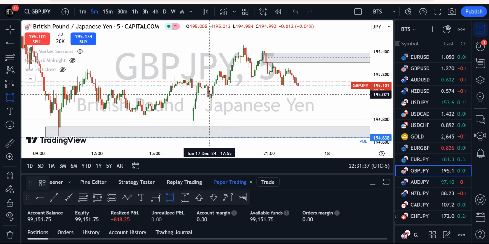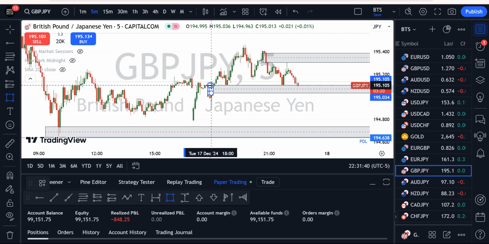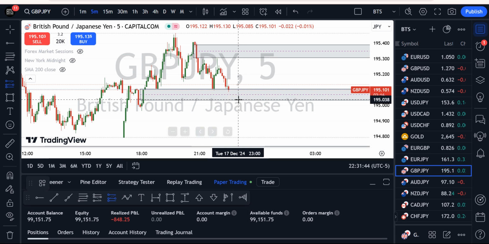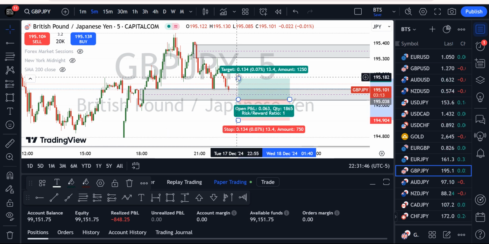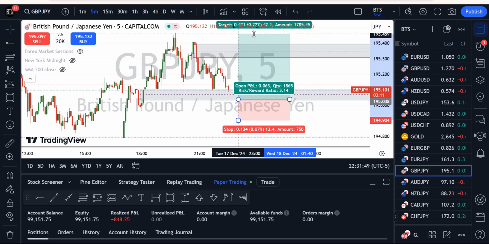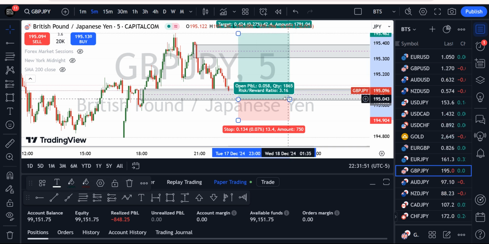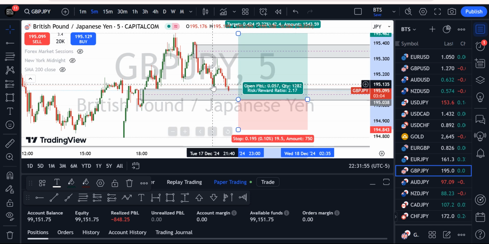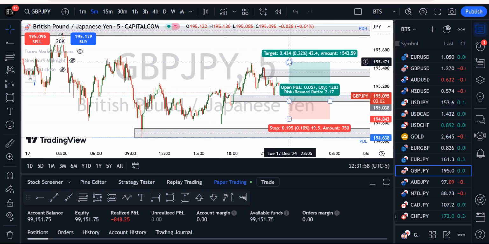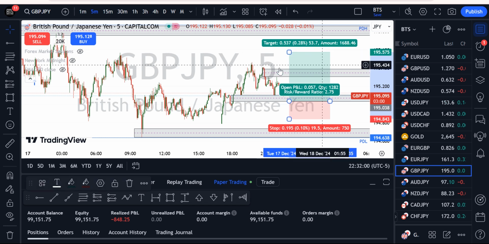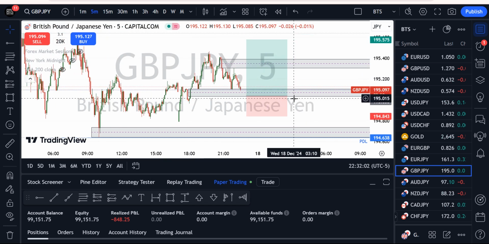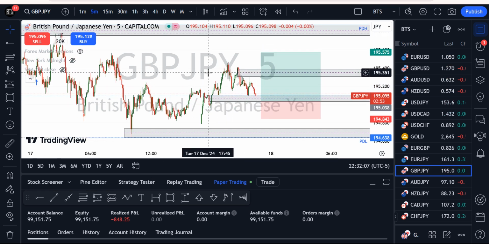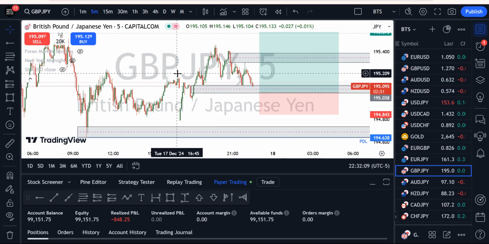Once we get this filled up, I can be looking out for a buy from this level all the way back to this high, with a 15 or 20 pips stop loss thereabout. So it will be a 1 to 2 or a 1 to 2.5.